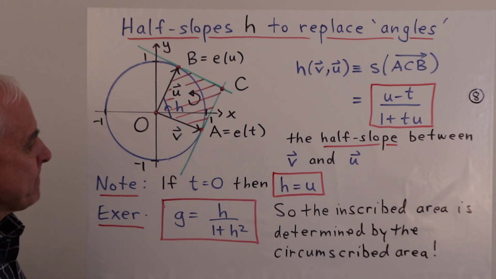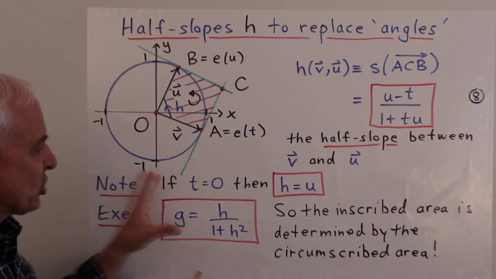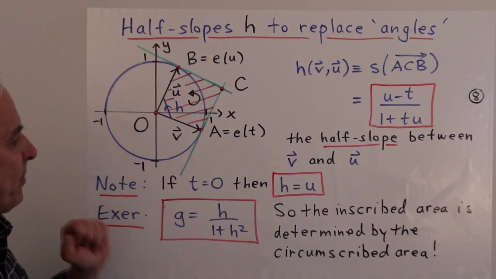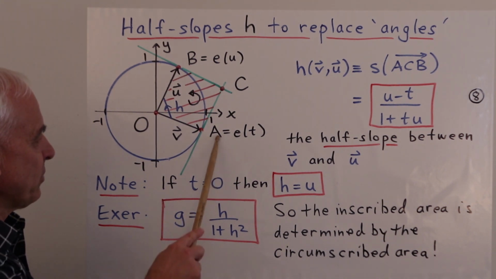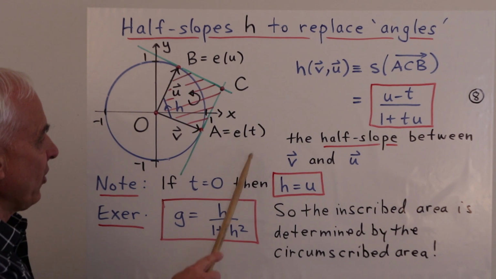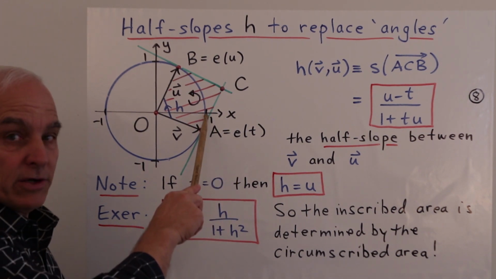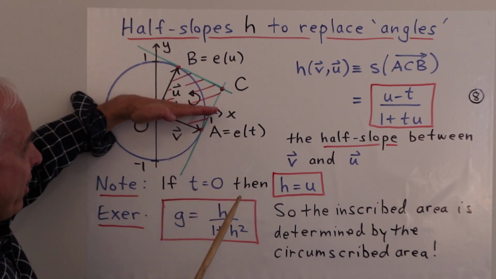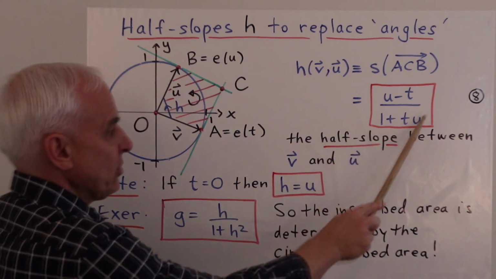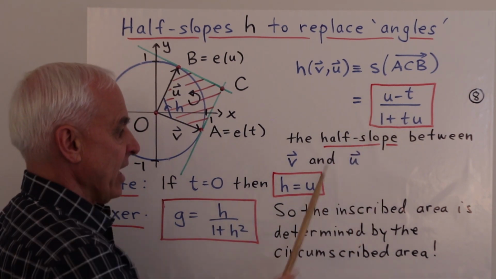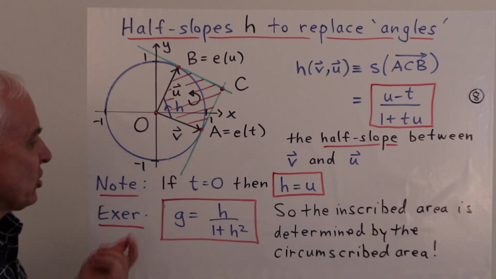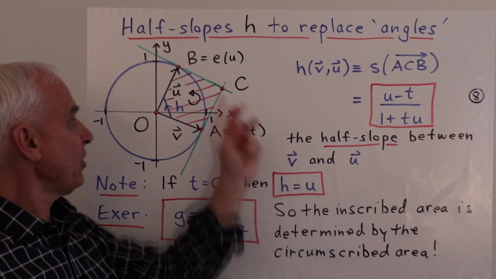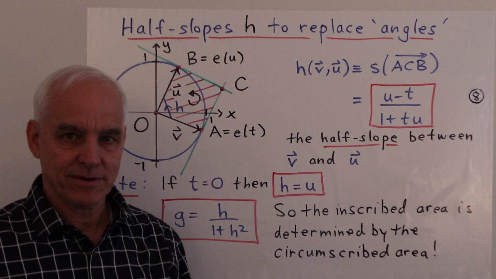And I'm just going to initially observe two things about this. That in the special case when t is 0, in other words, when the point A is e of 0, which is actually the point 1, 0. So if this point was just there, then the formula reduces. If t is 0, we just get u. In other words, the half slope then is just the same as the parameter u for the second point.